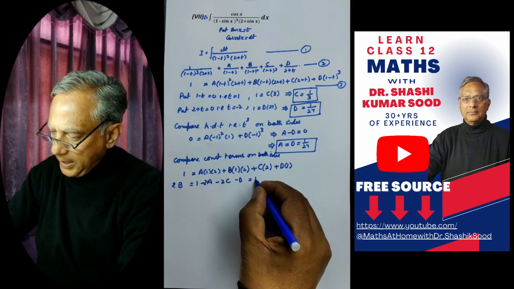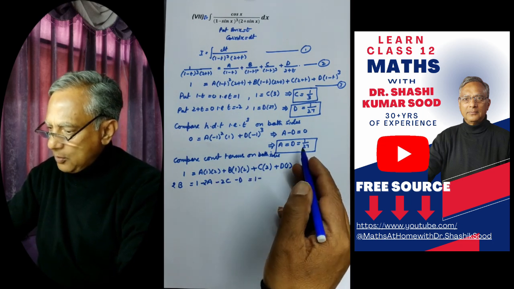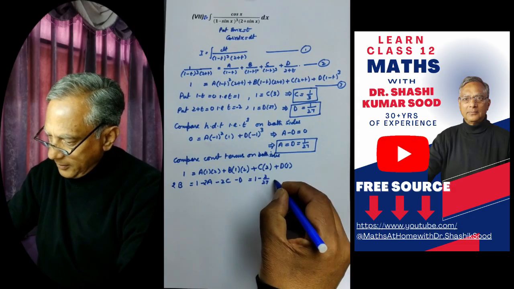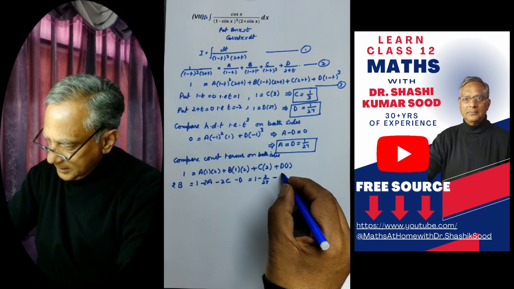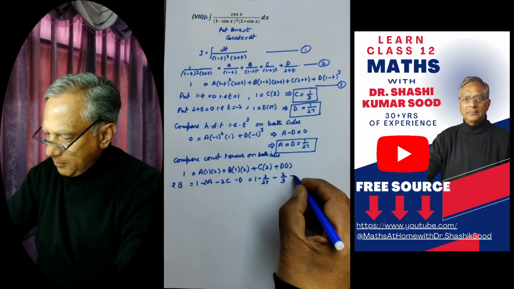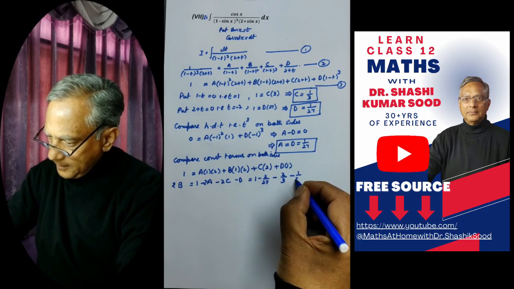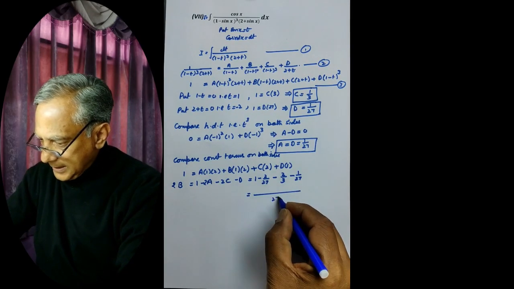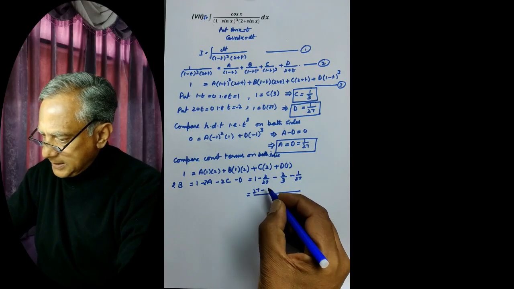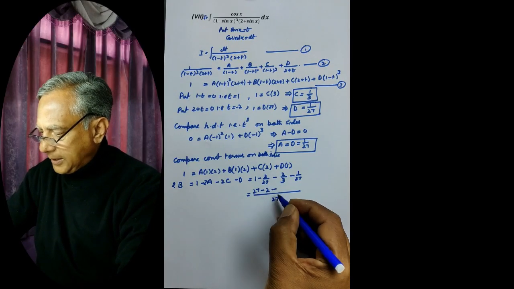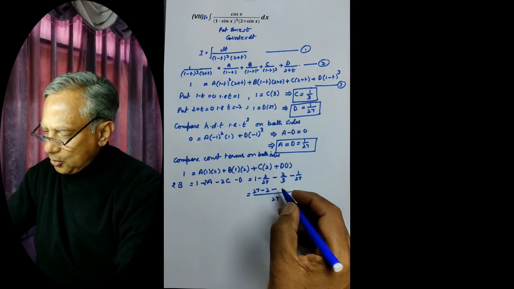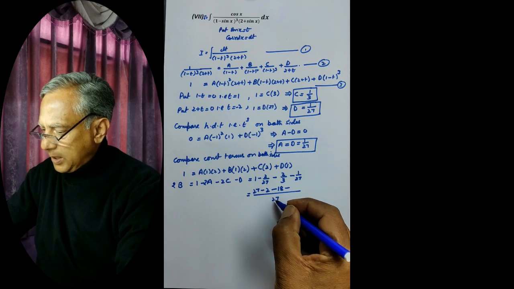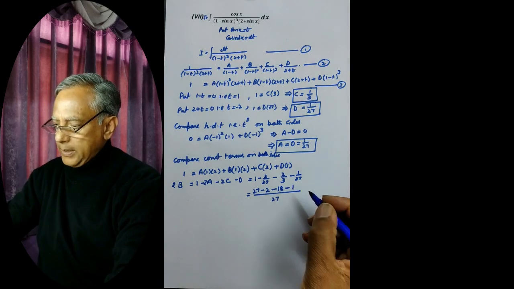And this is equal to 1 minus, a is 1 by 27, so this will be minus 2 by 27 minus 2c, this will be 2 by 3, minus d, d is 1 by 27. And this is equal to, 27 is LCM. So we have 27 minus 2 minus 9 3s are 27, so this will be 18. 9 into 2 is 18. Minus 27 ones are 27. So we will have 1.